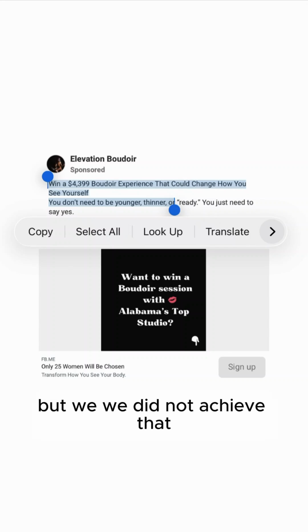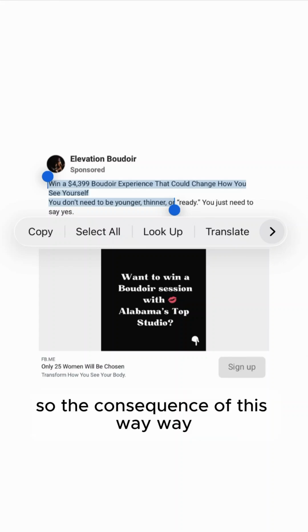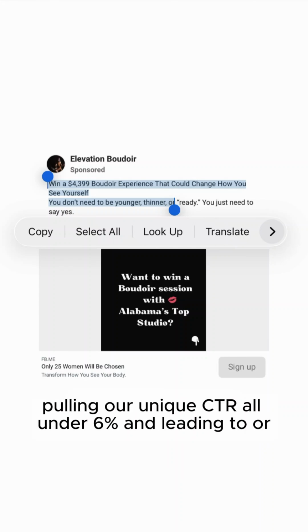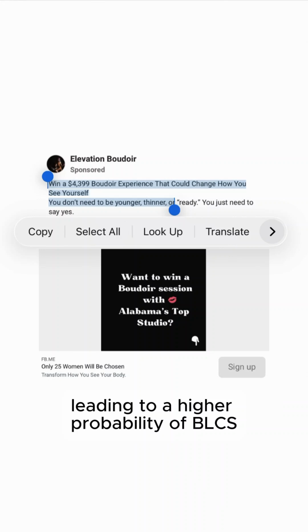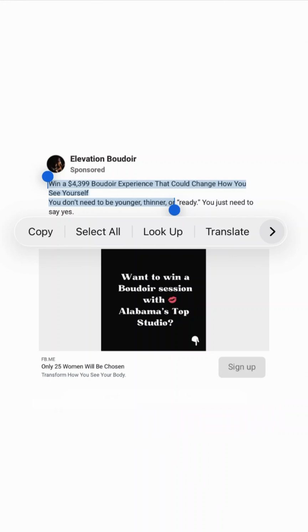But we did not achieve that. So the consequence of this, way more women are going to be scrolling by our Boudoir Facebook ad than necessary, pulling our unique CTRL under 6% and leading to a higher probability of BLCS, Boudoir low click syndrome.